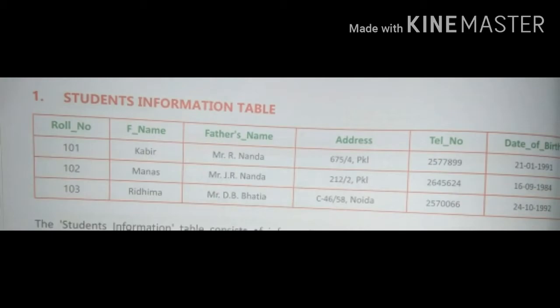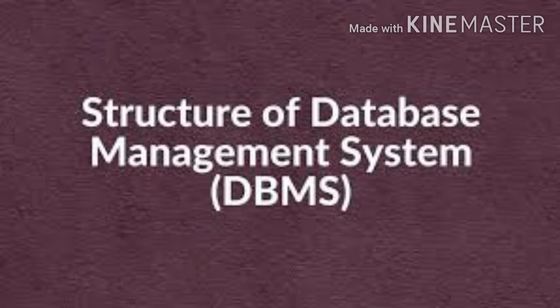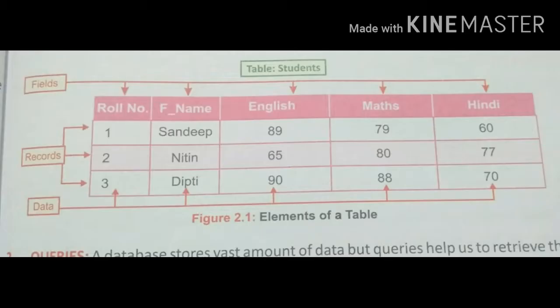That is relational database. Structure of database. A database contains specific structure to store data. Some of the basic terminologies used in database that will help us in getting familiar with the functioning of a DBMS.